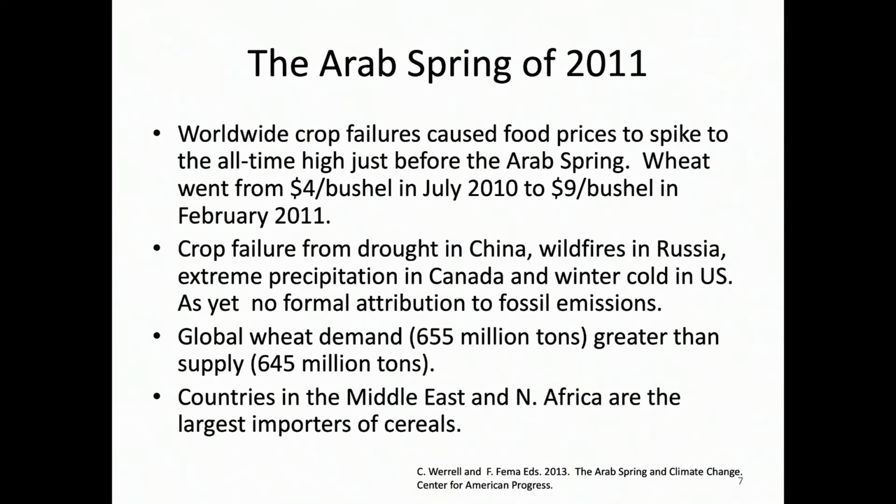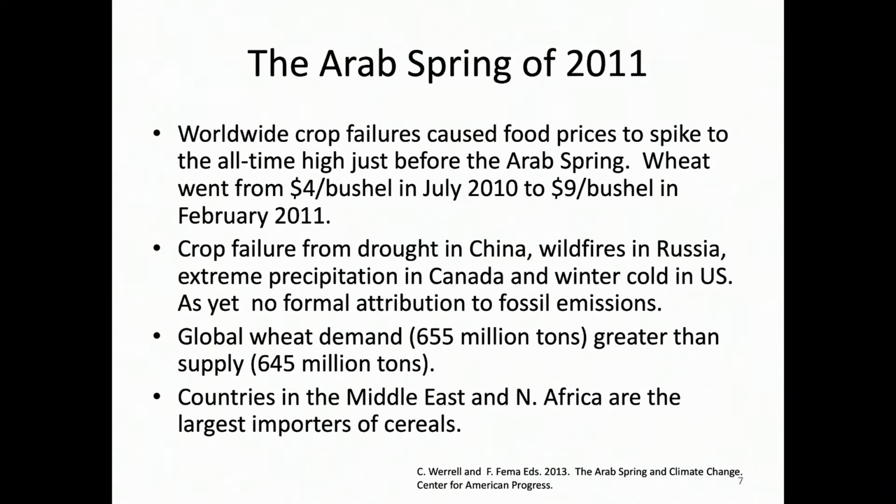And the crop failures came from extreme weather, drought in China, wildfires in Russia, extreme precipitation in Canada, and winter cold in the US. As yet, there's no formal attribution of this to fossil emissions, but these are the kinds of events that, in fact, are commonly attributable.